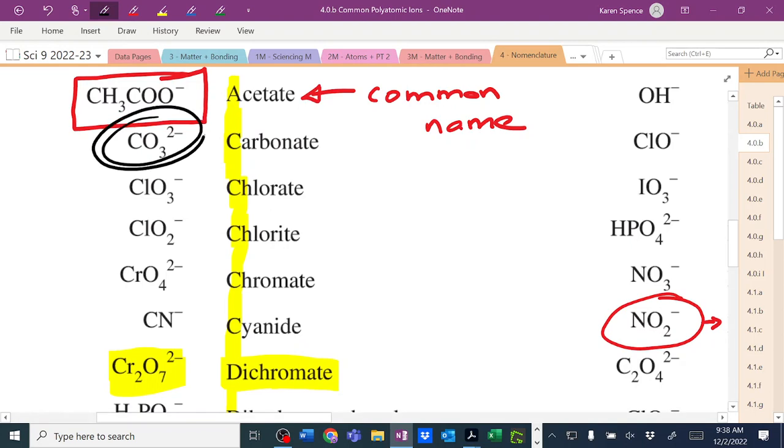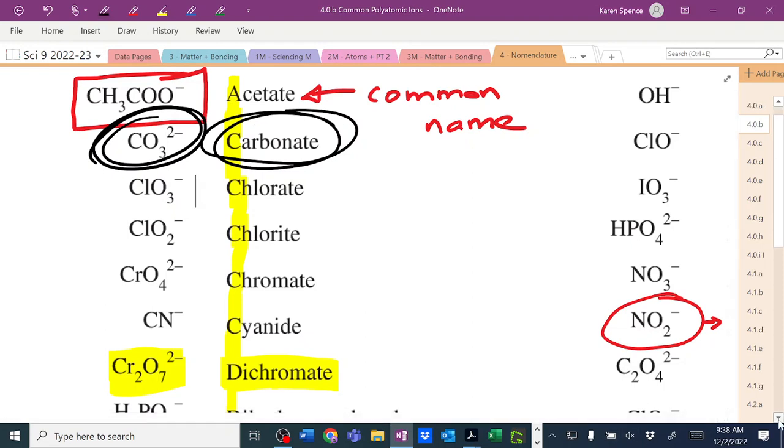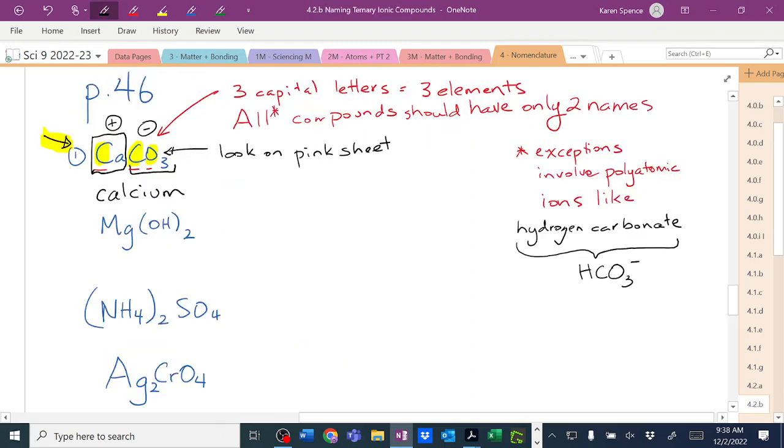CO3 is carbonate. And all you need to do for that is just name it carbonate. You don't change the ending. You don't do anything other than just naming it. So, carbonate. How many names did we end up with? 2. Calcium and carbonate.